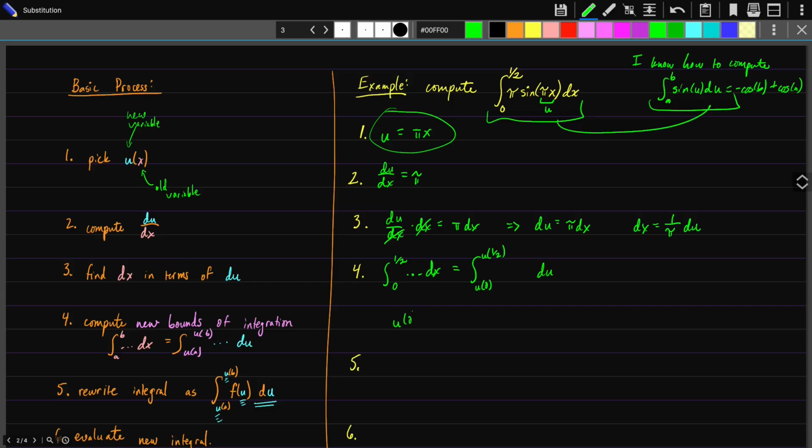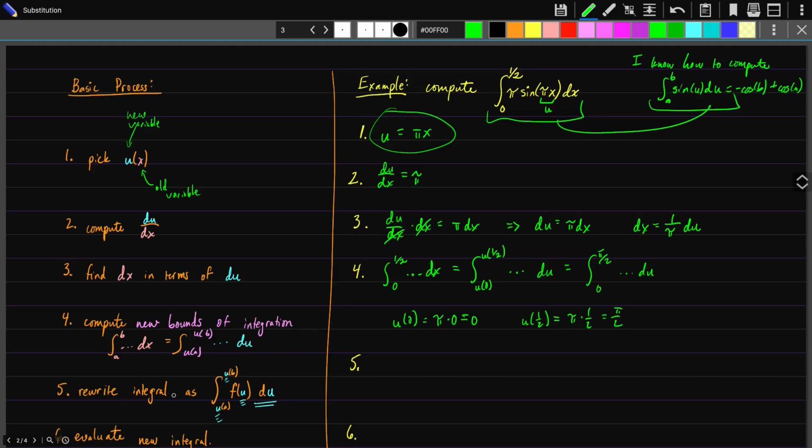So u of 0 is equal to pi times 0, which is just 0. All I do is I plug in that value 0 for x in my formula for u. Similarly, u of 1/2 is equal to pi over 2. So my new integral, my du integral, is an integral from 0 to pi over 2 of some stuff du.